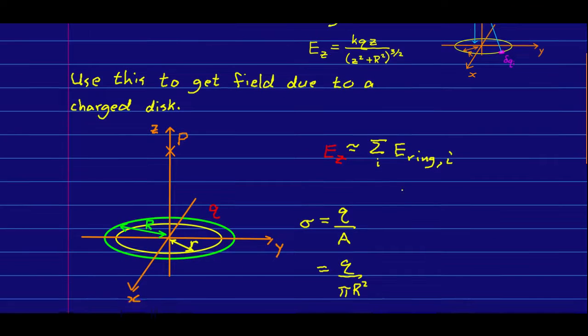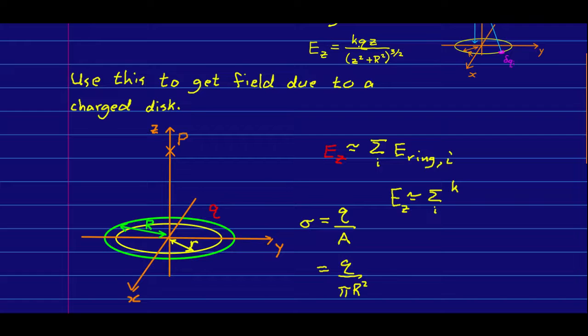And so that means my Ez is approximately a sum over i, and we're going to go k. I'm just reading off the field due to a ring.